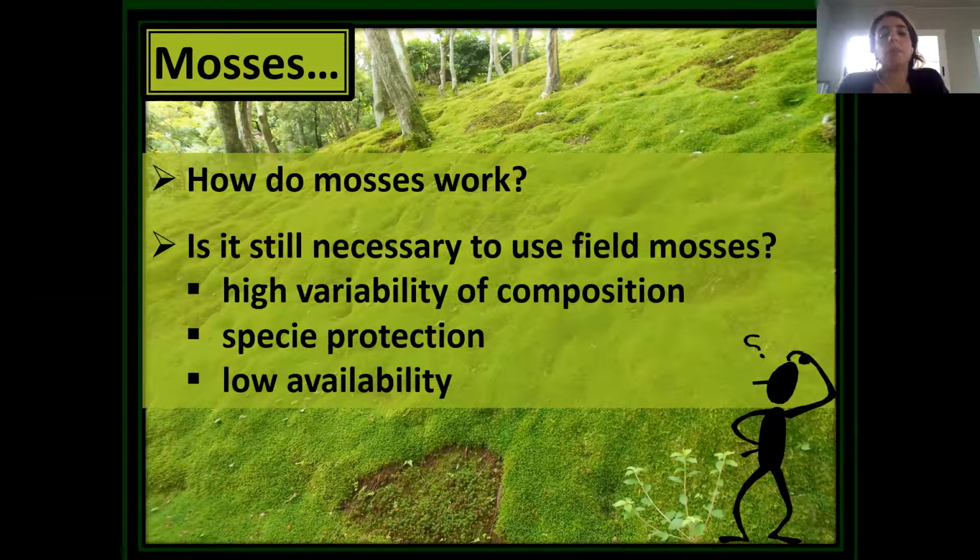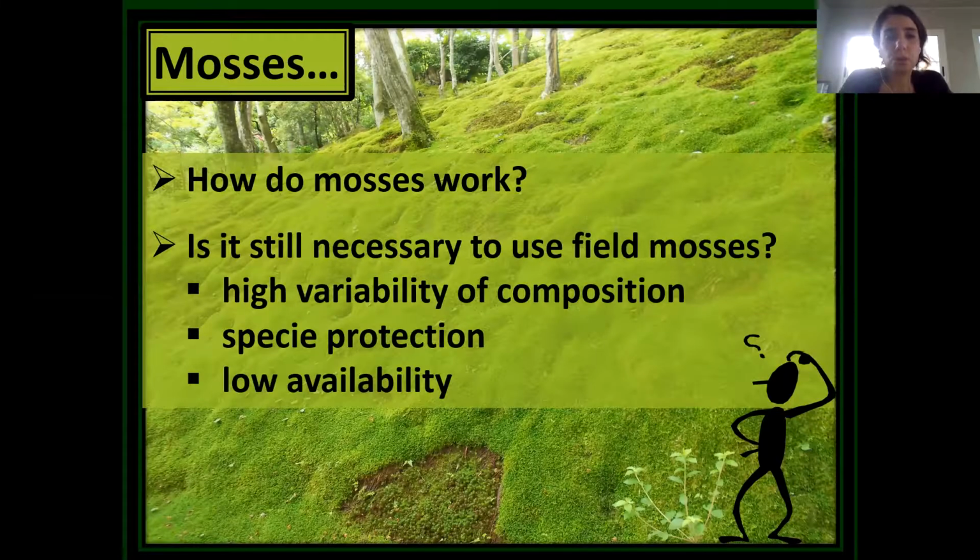Because when you collect MOS from nature, it can be dangerous because there are several laws on species protection. Sometimes it's very difficult to find one selected MOS, and they have a very high or very variable chemical composition.